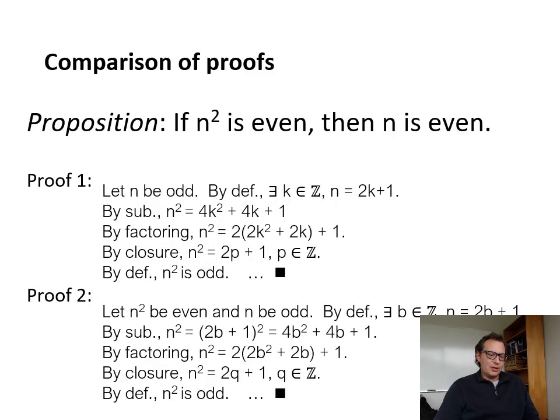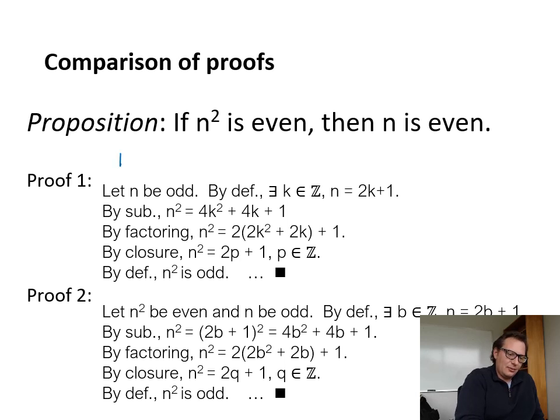So let's show this side by side. If we want to prove if n squared is even, then n is even using both methods. So let's first do proof by contrapositive. So here we want to show the contrapositive of this.